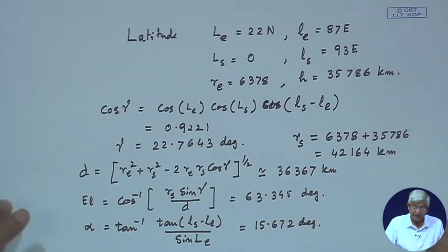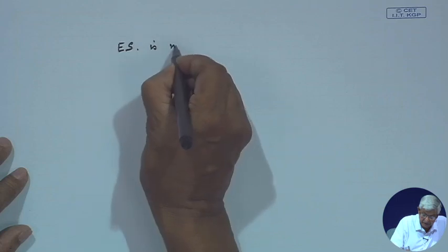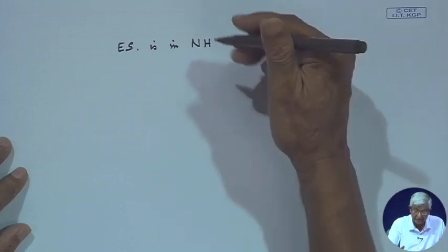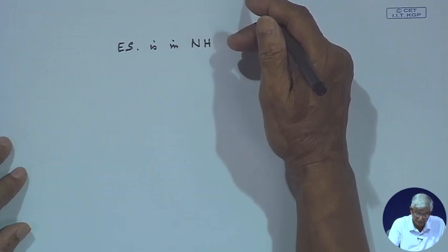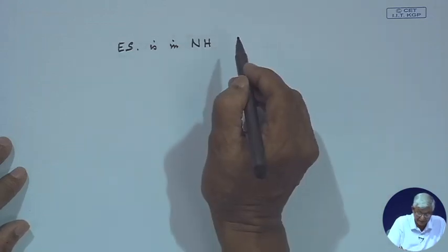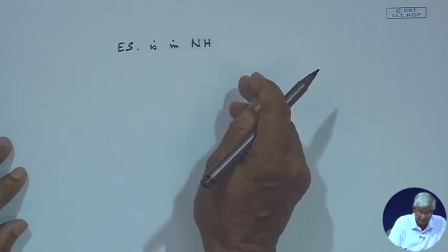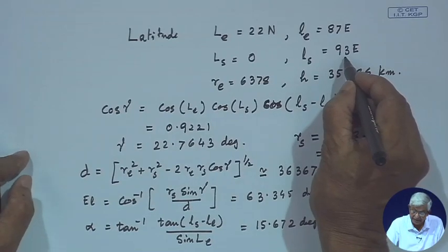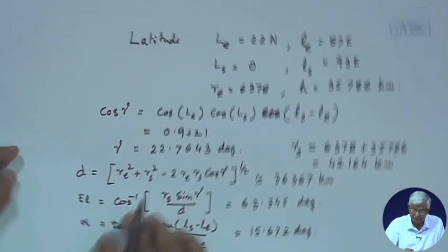Now, for the azimuth, we have to find out where is the earth station. So, for azimuth we said that if earth station is in northern hemisphere, and obviously the earth station is at IIT Kharagpur, which has a latitude of 22 degree north. So, earth station is in northern hemisphere. If so, and if the sub-satellite point is east of earth station, the sub-satellite point is 93 degree east and earth station longitude is 87 degree. So, it is east of earth station.